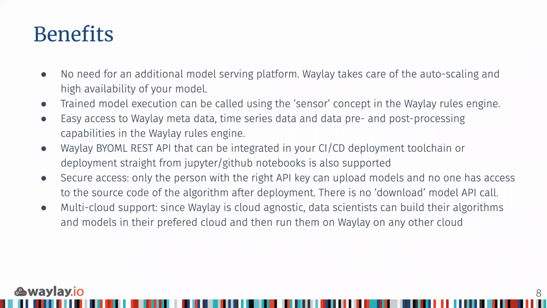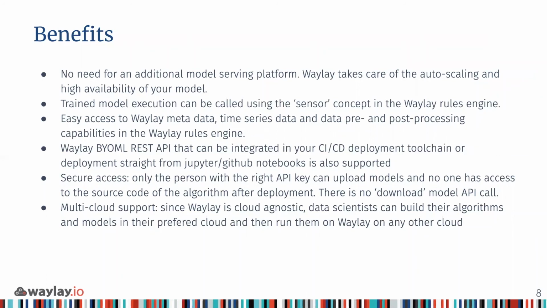You have easy access to metadata and time series data. So you can do all sorts of pre and post processing within the Waylay rules engine to feed the right data in the right format to your algorithm.